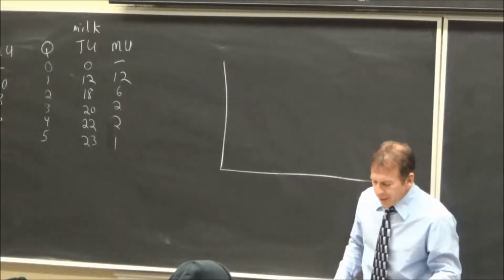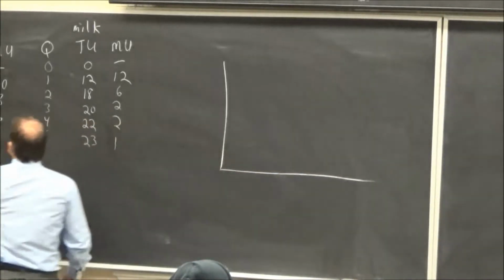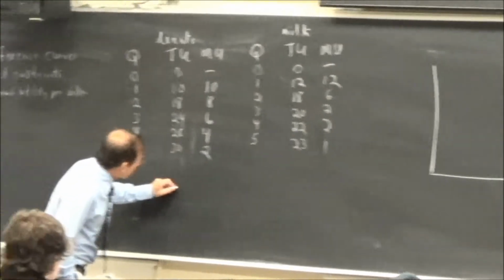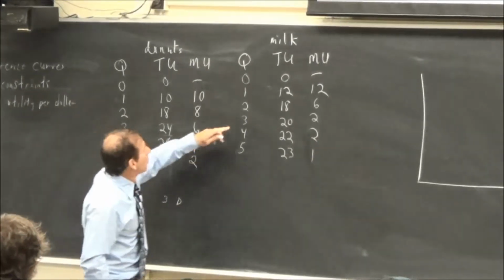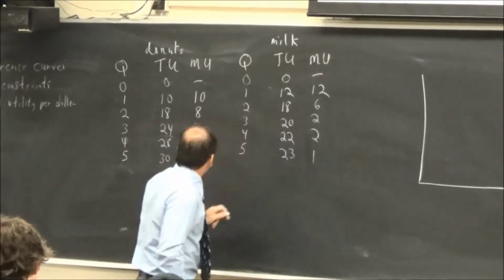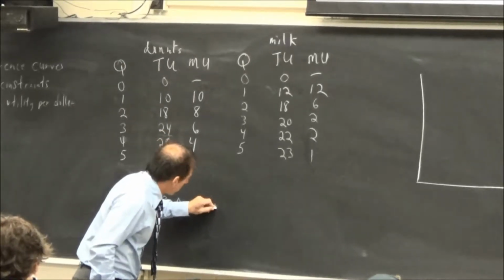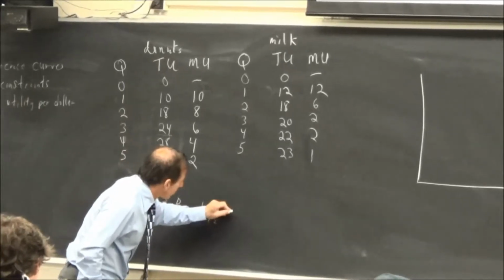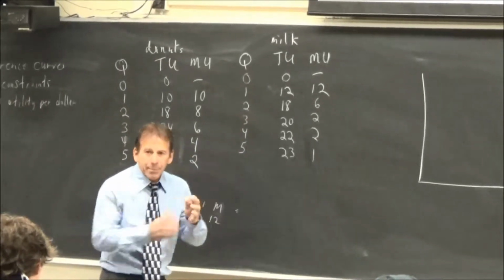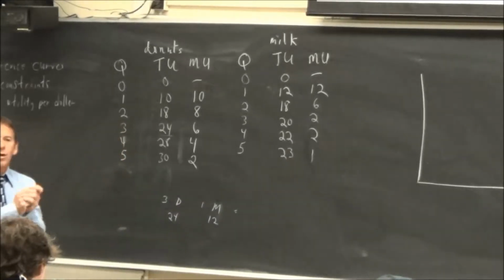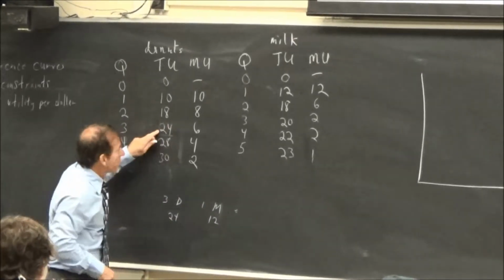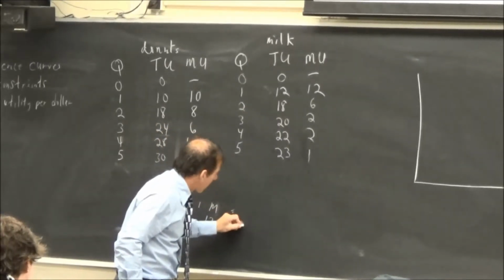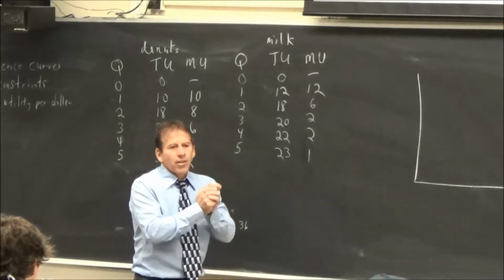For instance, if we had 3 donuts, that would bring us a total utility of 24. 1 milk would bring us 12. So if I bought 3 donuts and 1 milk, then I have a total utility from that basket of 36.